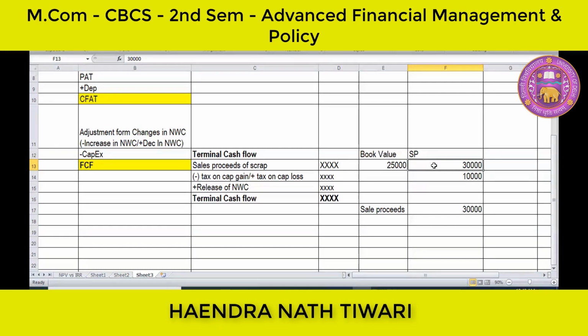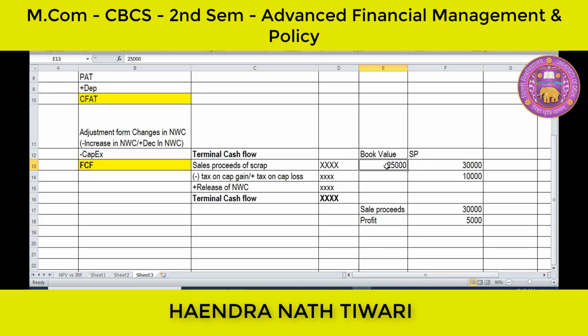Income statement. So that will increase the overall profit of the firm, and therefore your tax liability will go up. By how much? By the amount of 5,000.